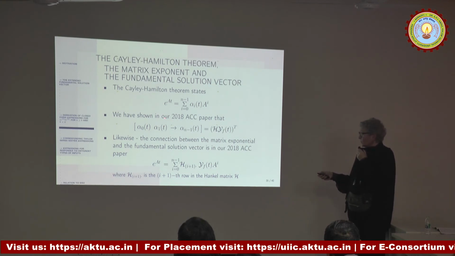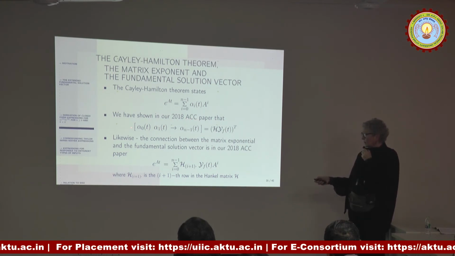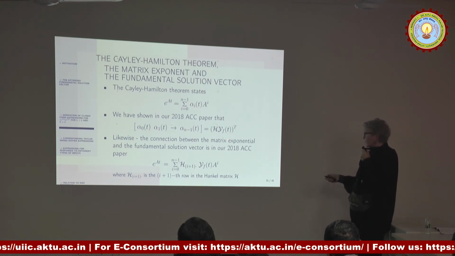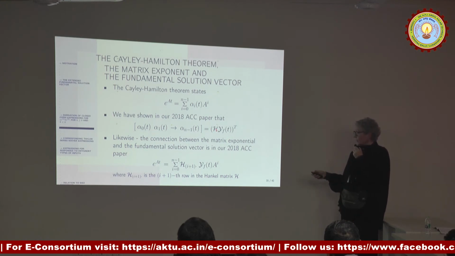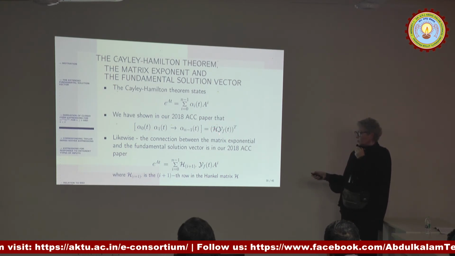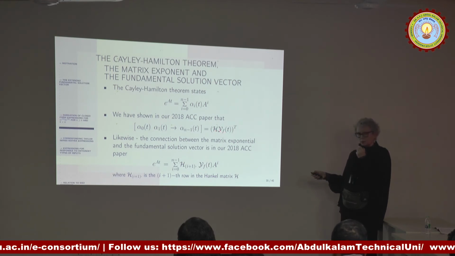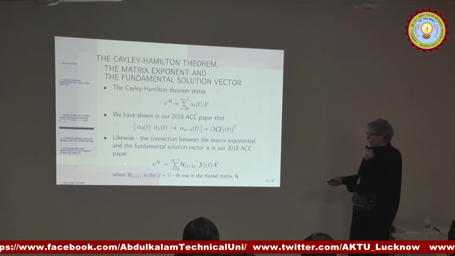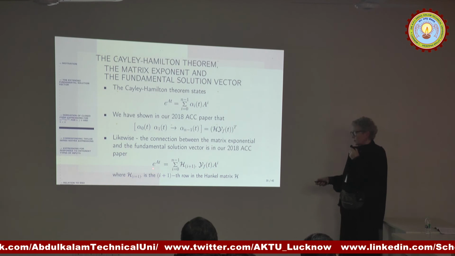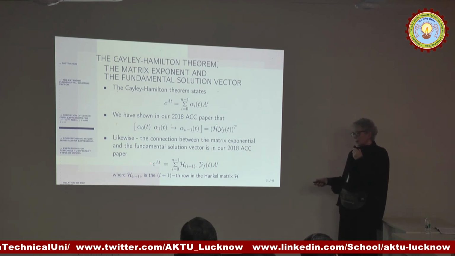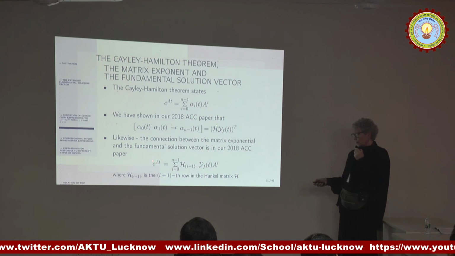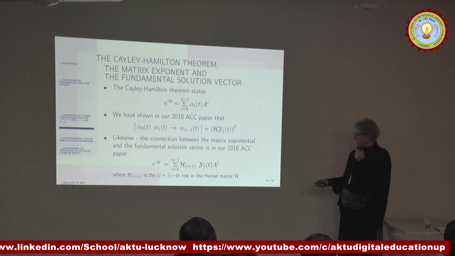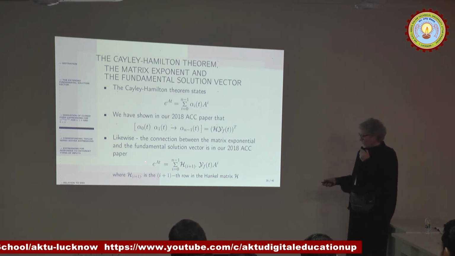We've shown in our 2018 ACC paper that the coefficients here in the Cayley-Hamilton theorem are actually the first line here, which we just had on the previous slide. So it's a Hankel matrix times the fundamental solution vector transposed. Likewise, the connection between the matrix exponential, and now I'm not just talking about the controller form or the companion form, just the general form of the matrix, looks like this.